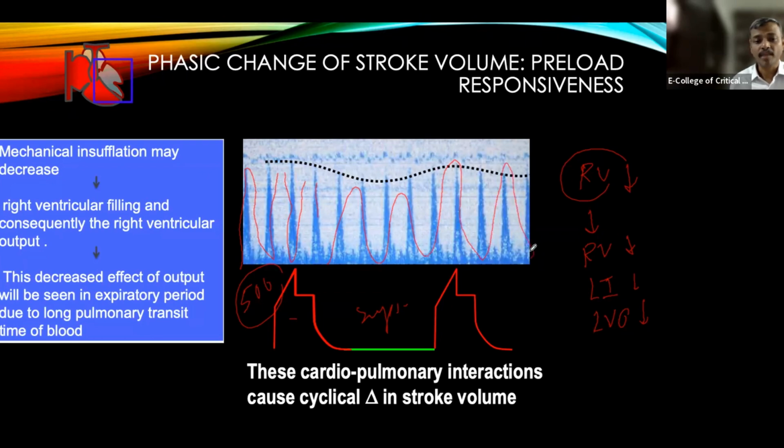Why is it so? Actually it should be reversed, because the moment you ventilate, this volume should reduce the preload, reduce the left output, and the systolic BP on the arterial line should reduce. But that is not happening here. Actually, it is seen in the expiration. Why is it so?